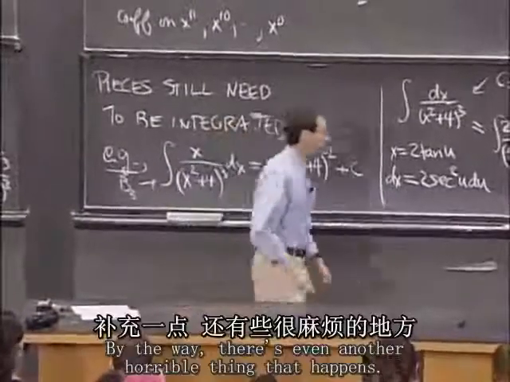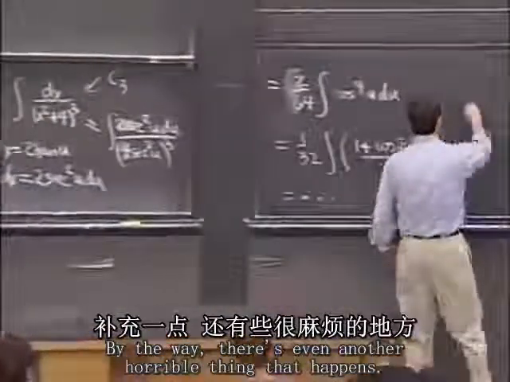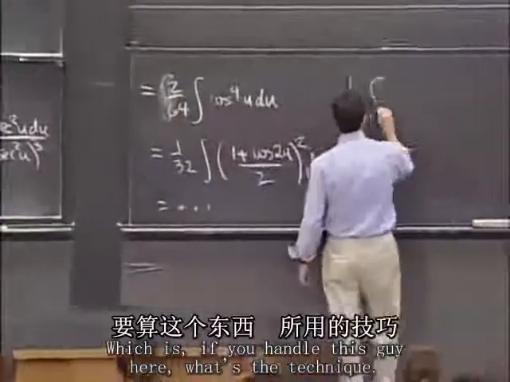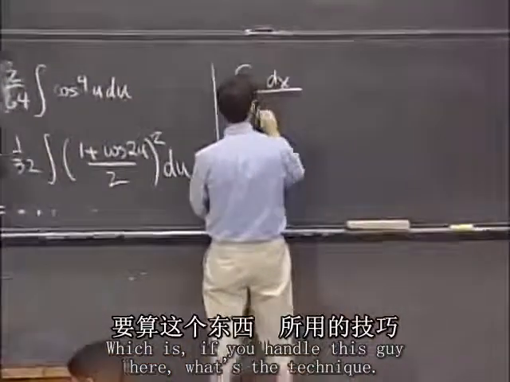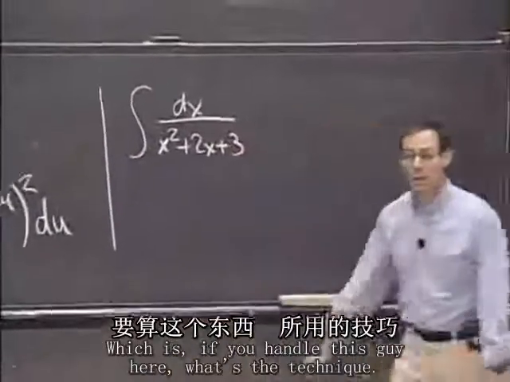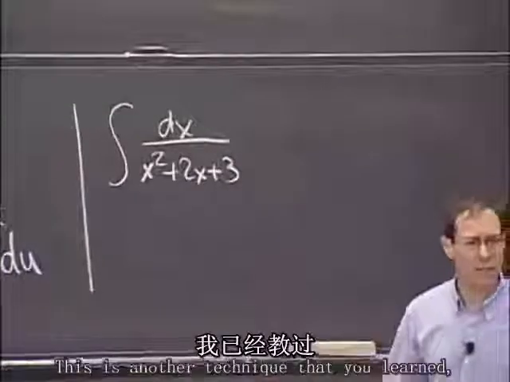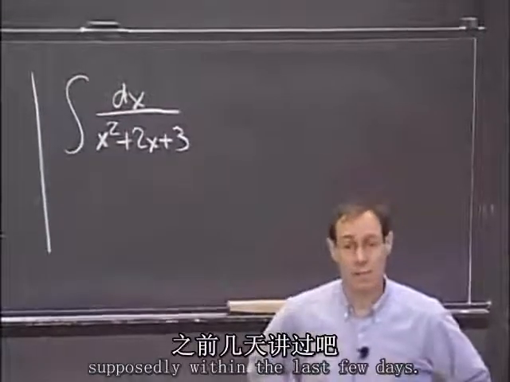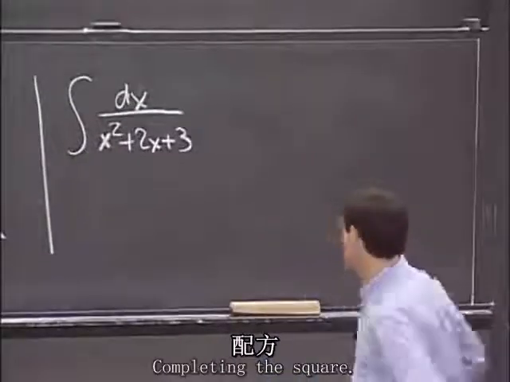By the way, there's even another horrible thing that happens, which is if you handle this guy here, what's the technique? This is another technique that you learned, supposedly, within the last few days. Completing the square.